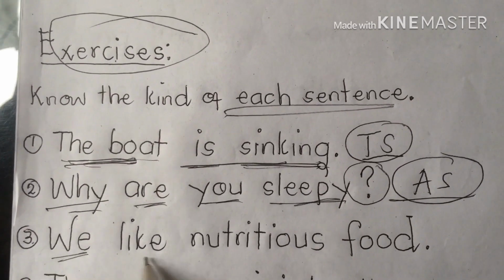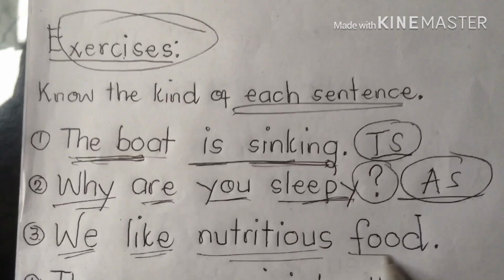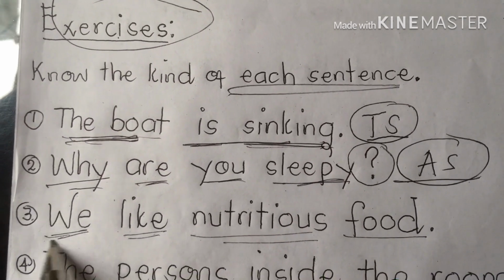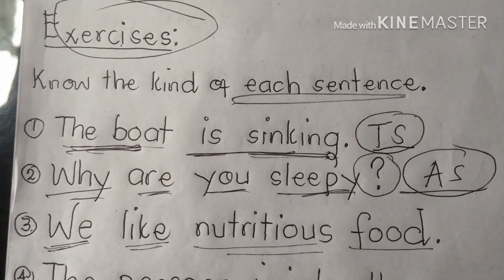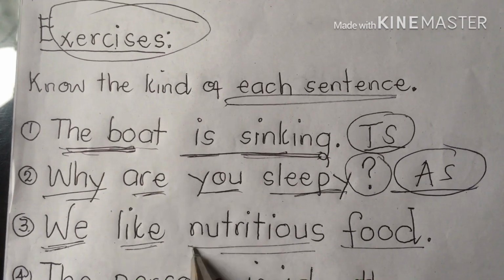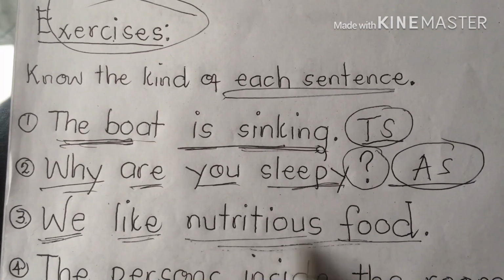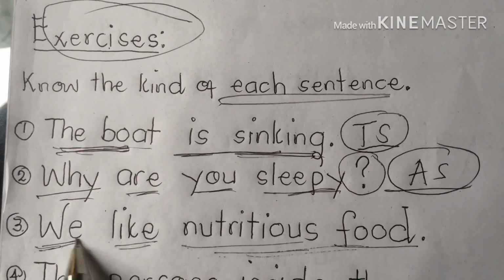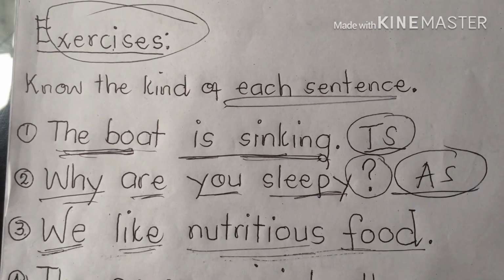Third, we like nutritious food. We means it's plural. It talks about two or more persons who like nutritious food. Nutritious food is our predicate. We is our subject and like is the verb.